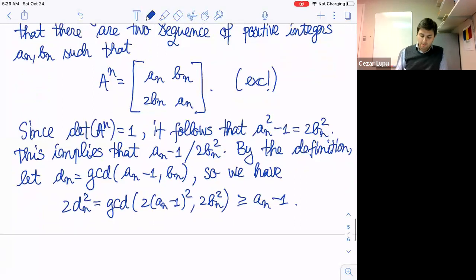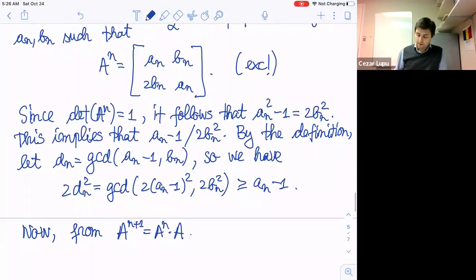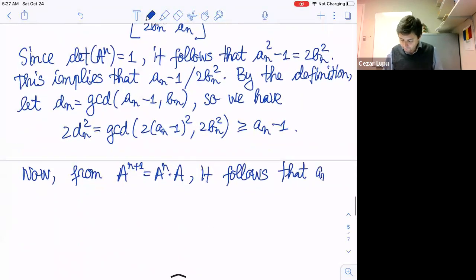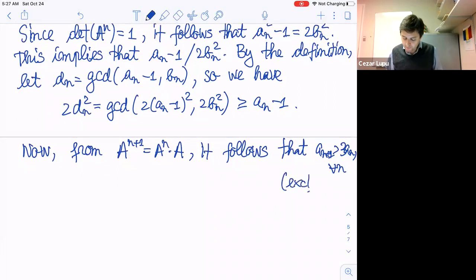And now from the fact that a_(n+1) is the same as a_n times a, it follows that, and I'll leave it to you as an exercise to figure it out, a_(n+1) is greater than 3 times a_n for all n. Again, I'll leave this to you as an exercise.